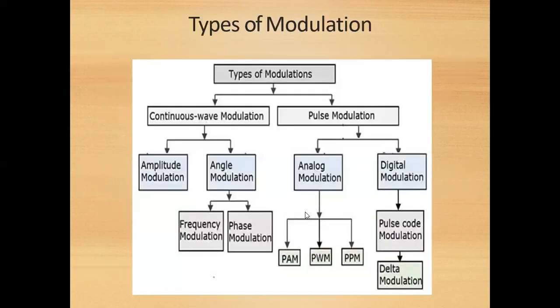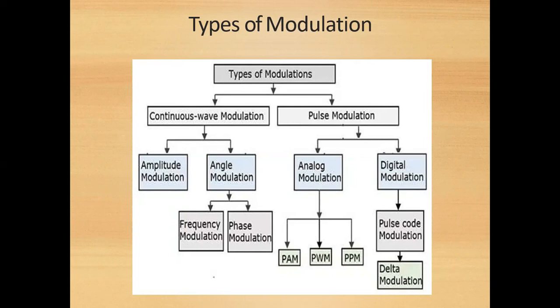Then we have types of modulations. First, it is divided into two: continuous wave modulation and pulse modulation. The simple difference between continuous wave modulation and pulse modulation lies in the carrier signal.